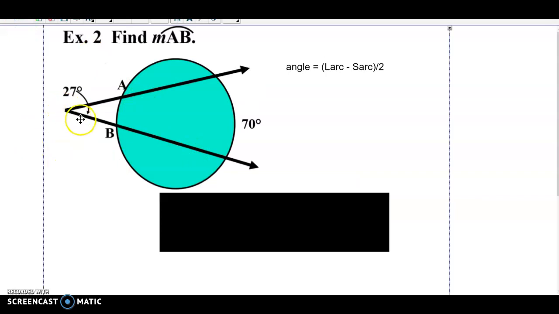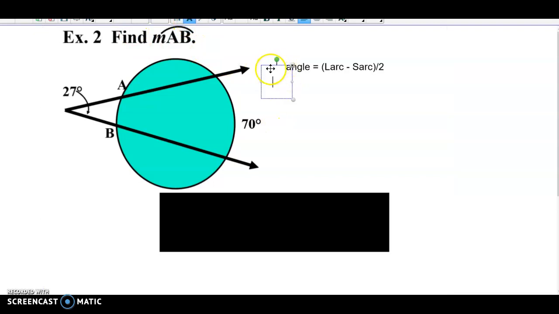Here we have the angle, and we do not have the small arc. So we're going to be looking for that measurement. We're still going to use the same formula. We just have to put things where they go. Our angle is 27 degrees. And that's going to be equal to, we have 70, which is the large arc, minus the small arc, which is what we're looking for.